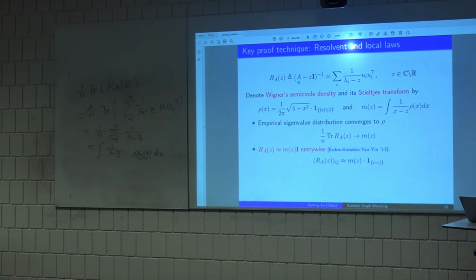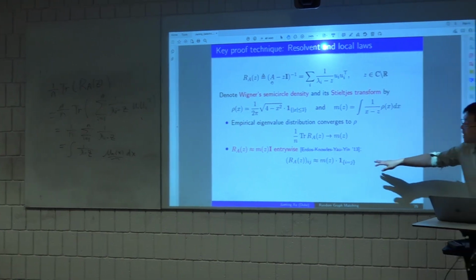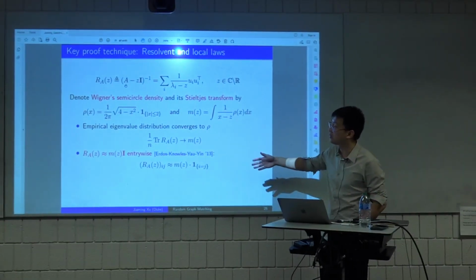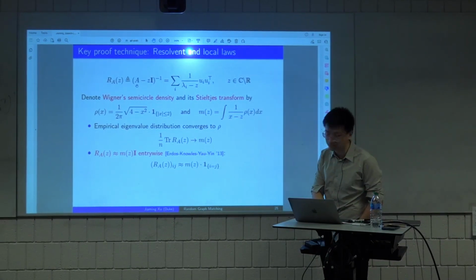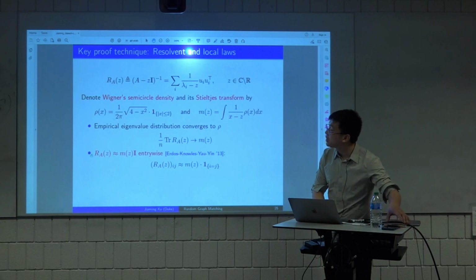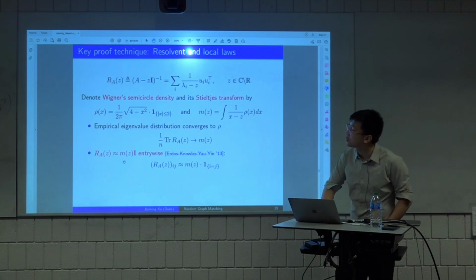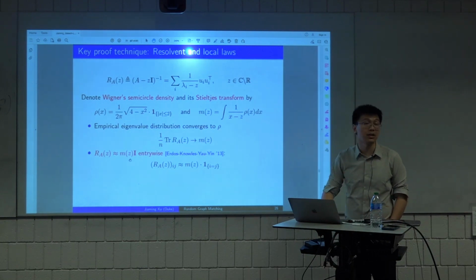It turns out that we can say much more about this resolvent. Not only can we say something about convergence of the trace, we can also bound the concentration, or the difference entry-wise. Roughly speaking, this resolvent should be close to m(z) times identity entry-wise.